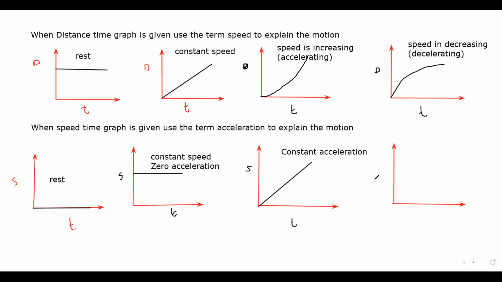For a speed time graph, in one the slope is increasing, and in the other the slope is decreasing; because of space I'm drawing both of them together.